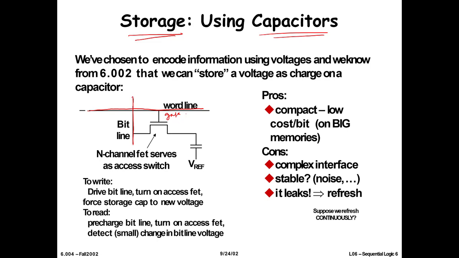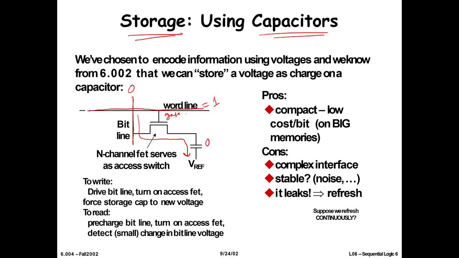So when you want to store a bit of information, you turn the word line on. So you apply a high voltage to the gate, and you apply your bit here. So this 0 bit is stored on this capacitor.